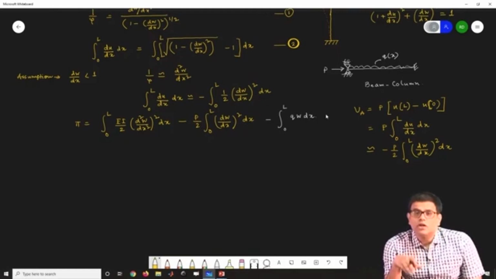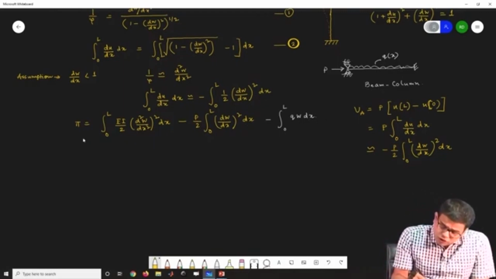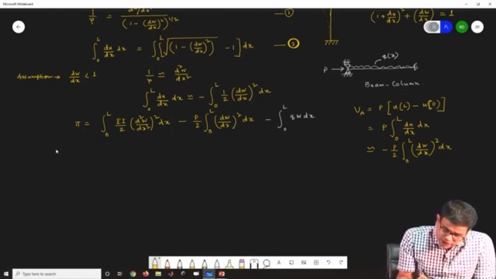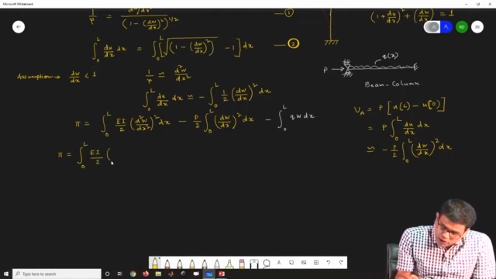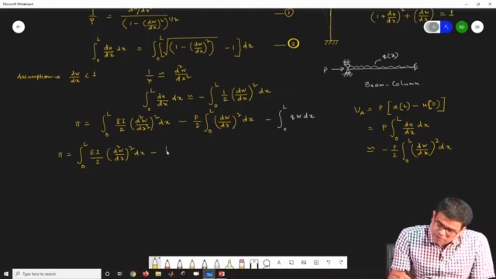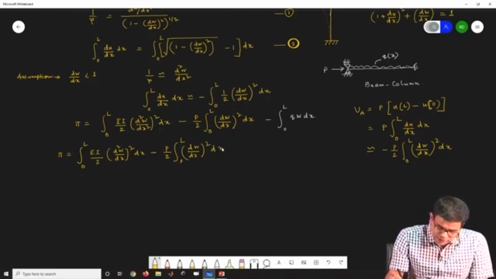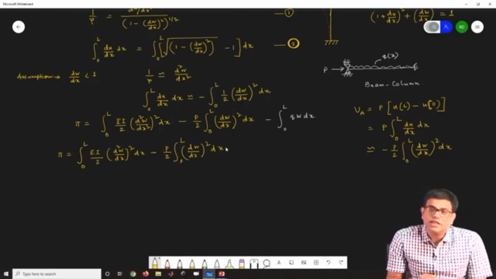When we find out the column buckling load, we will consider only the potential energy of this form, because there will be no transverse force obviously. So, this is the integral of EI by 2 d2w dx2 whole square dx minus P by 2, 0 to L, dw dx whole square dx. This is my total potential energy.